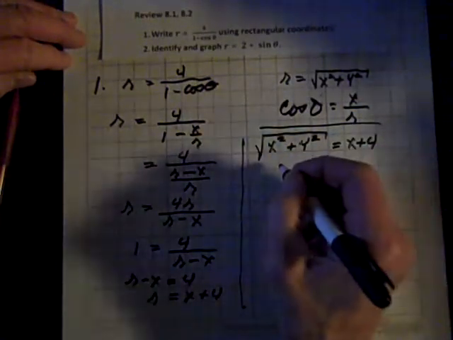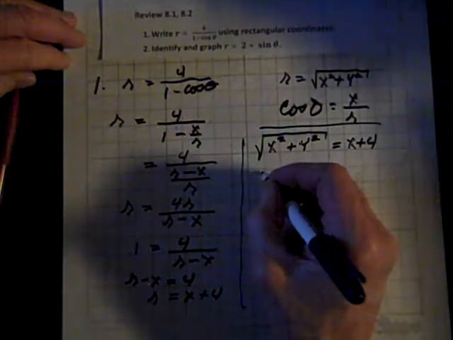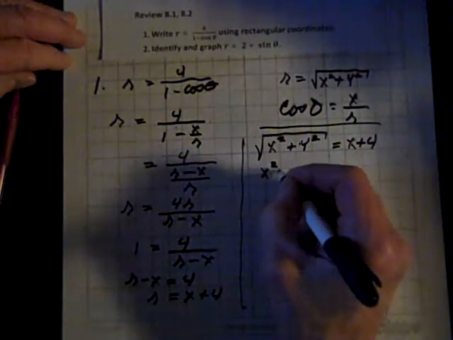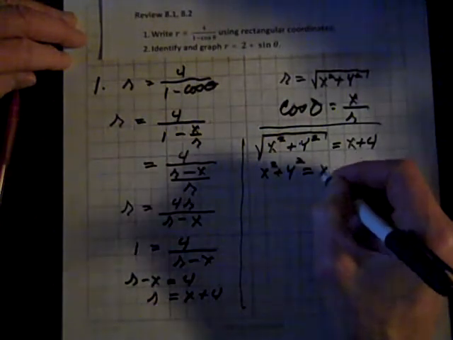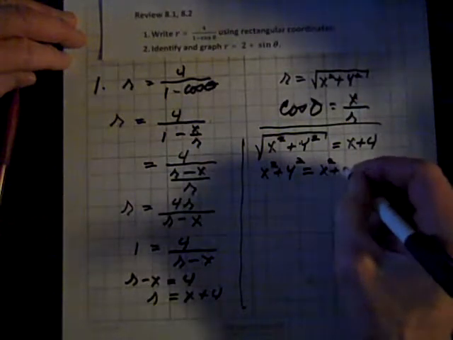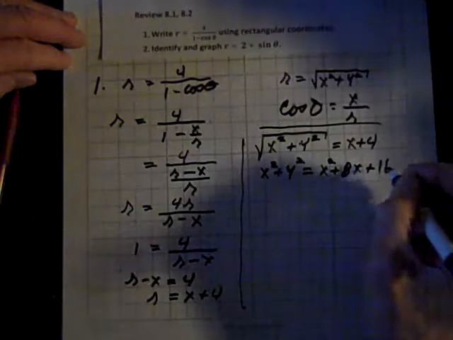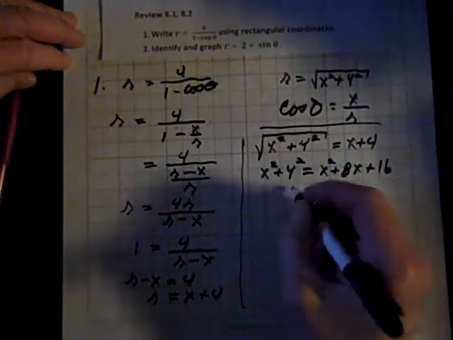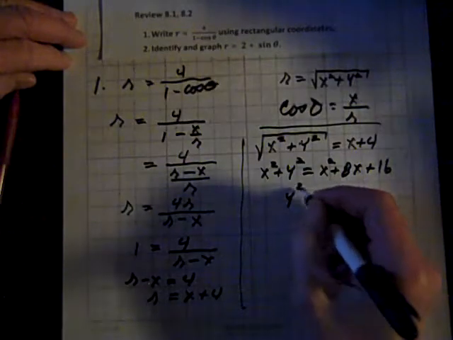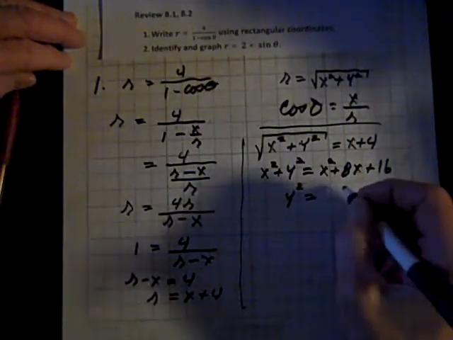So let's square both sides, and we get x squared plus y squared equals, and if we square this side, we get x squared plus 8x plus 16. Now subtract x squared from both sides, and what we have left is y squared equals 8x plus 16.